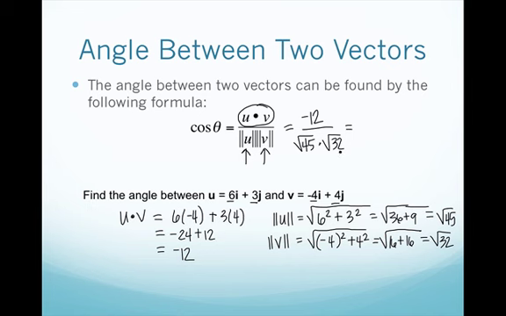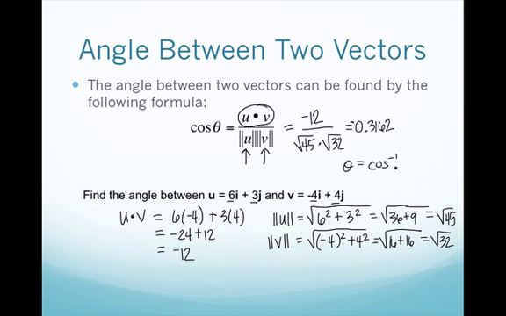So when you put that into your calculator, you have negative 12 divided by the square root of 45 times the square root of 32. You end up with negative 0.3162. So now we need to find theta. So in order to find theta, we're going to take the inverse of our answer.